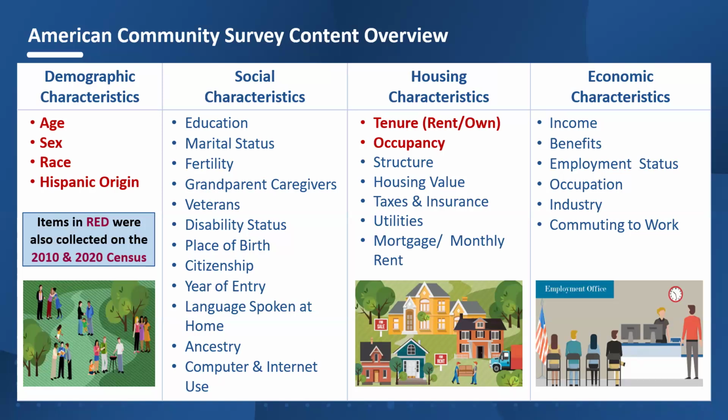Other characteristics here include housing tenure, information about the occupancy and the structure itself, which includes home value and housing costs, taxes and insurance, utilities, plumbing, kitchen facilities, and many, many others. And the last characteristic that we have here is economic. For the economic characteristics, we have topics that include income and employment and occupation, among other topics. So this is a good snapshot of some of the characteristics you can find when you're sourcing through American Community Survey data.